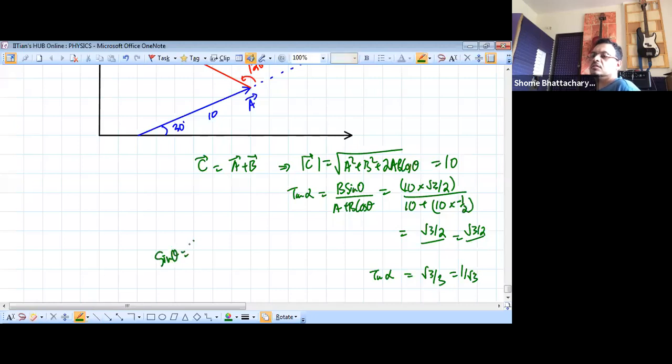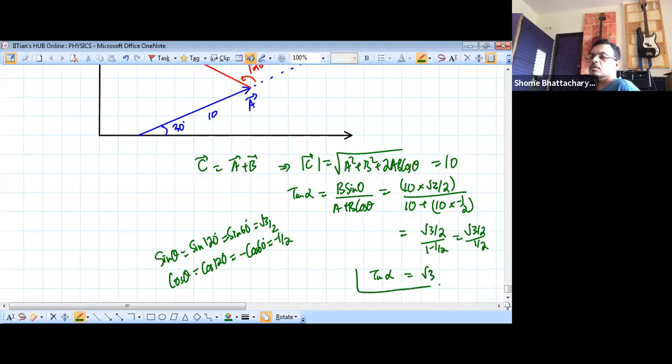Sin theta is sin 120, which is sin 60, so that is root 3 by 2. But cos theta is cos 120, which is minus cos 60, or minus half. So this term is minus half, so cancelling the 10, you have 1 minus half, so that is half. So that becomes root 3.